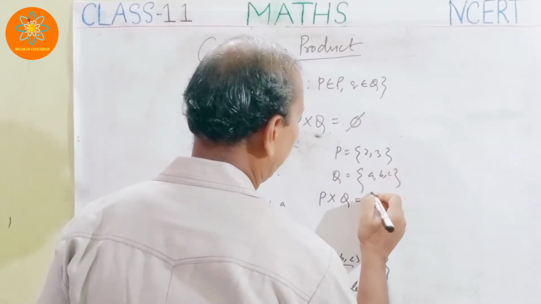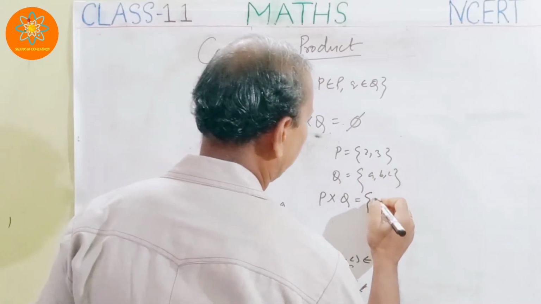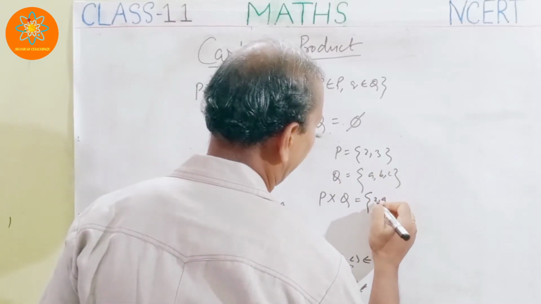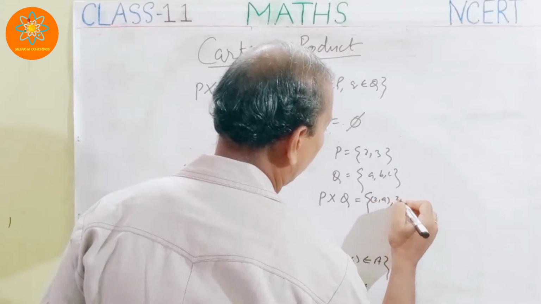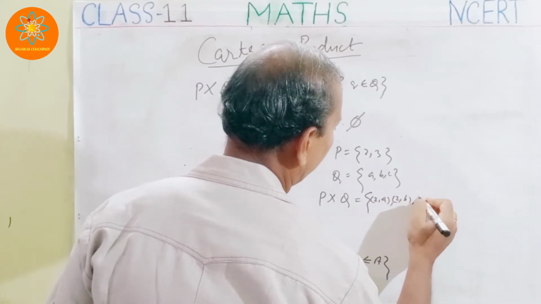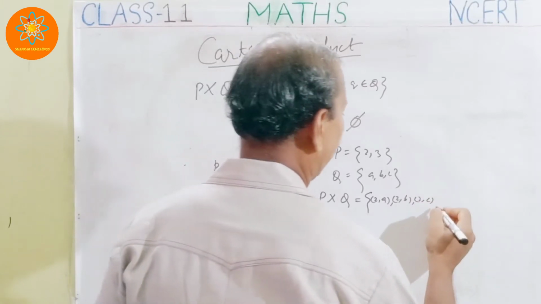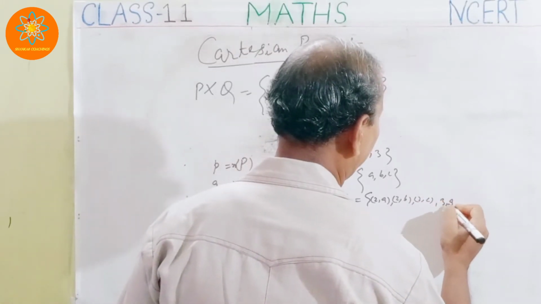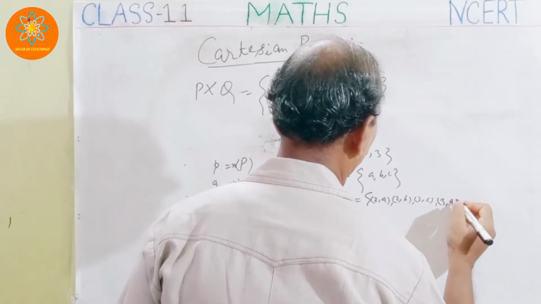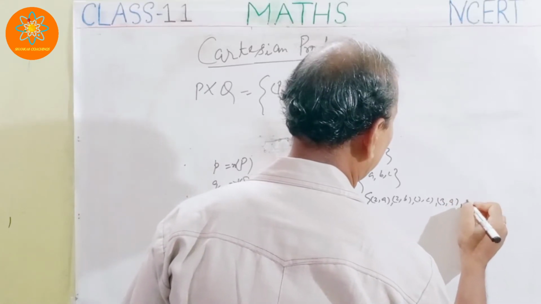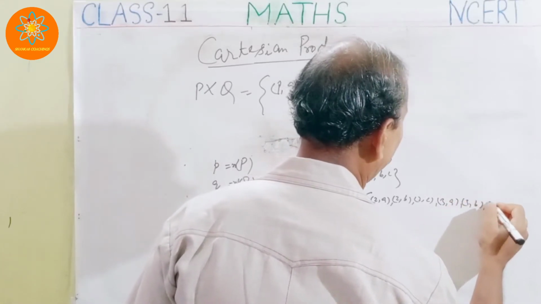So that will be simply 2A, then 2B, then 2C, and then 3A, then 3B, and 3C.